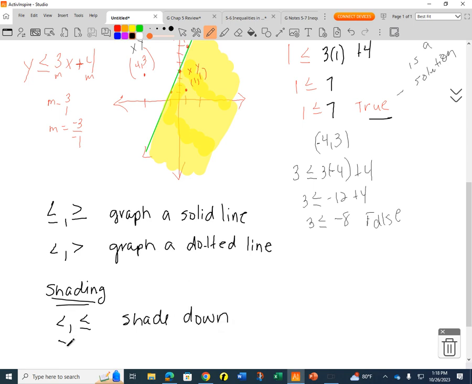For greater than or equal to, we shade up. So this was less than or equal to, I graphed a solid line, and then I put my pencil on that line and I pulled down, and this is the side I need to shade. Down is a little bit confusing because it looks like down could be over here too, right? It's below that line. So the way that's easiest to do it is put your pencil on the line and pull down.